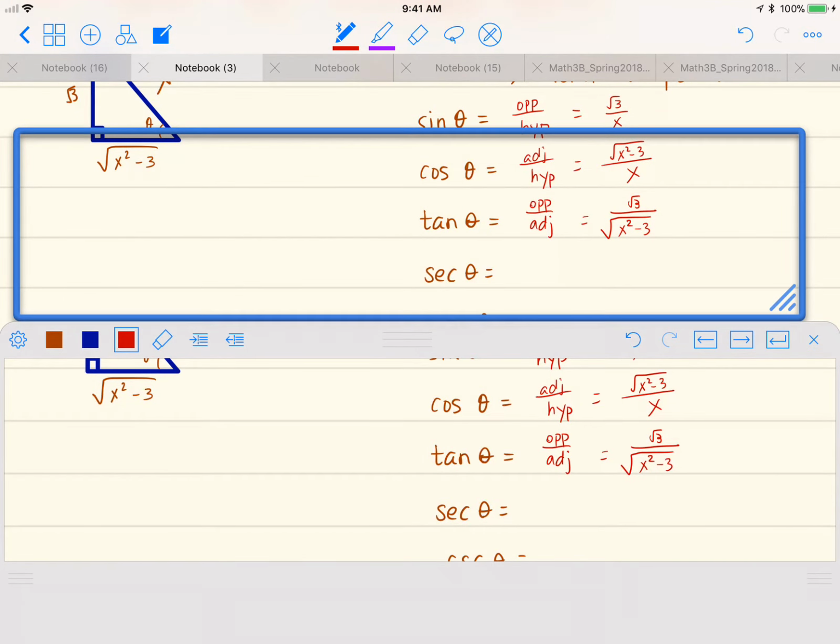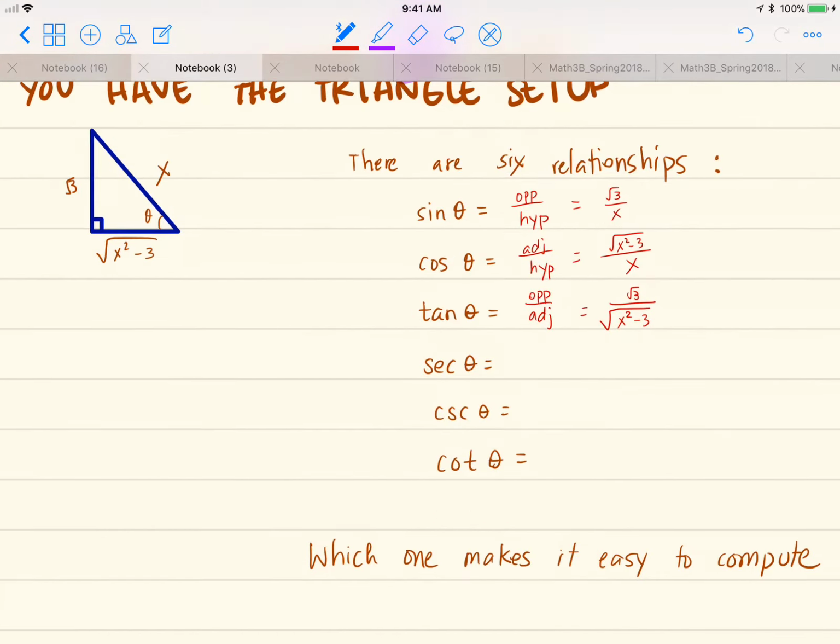Secant: I think of secant as 1 over cosine of theta, so that's just going to be the reciprocal of cosine. We'll get x over the square root of x squared minus 3. Cosecant is the reciprocal of sine theta, which will be x over square root of 3.